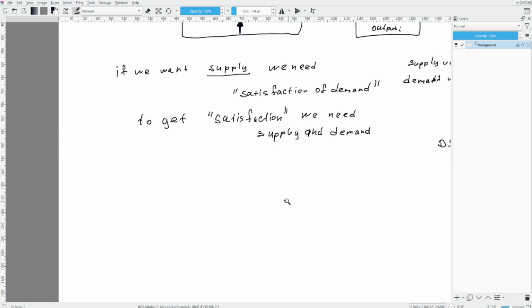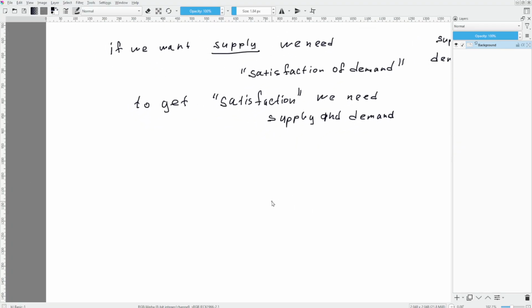For example, one of the ways to resolve it is to collect supply from the amount supplied on the previous day. So, for example, you have a certain day. Let's say this is day 0.